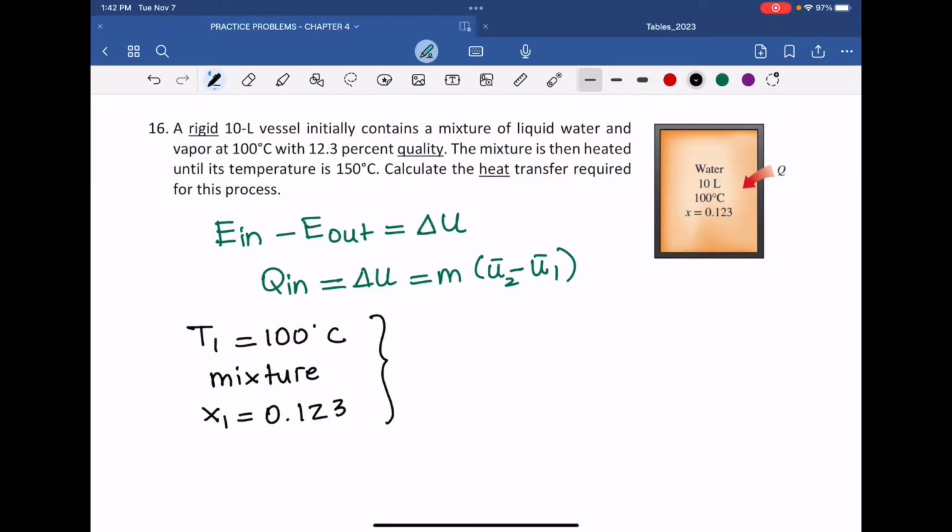So from here, I'm just going to use what we just read to calculate these values.